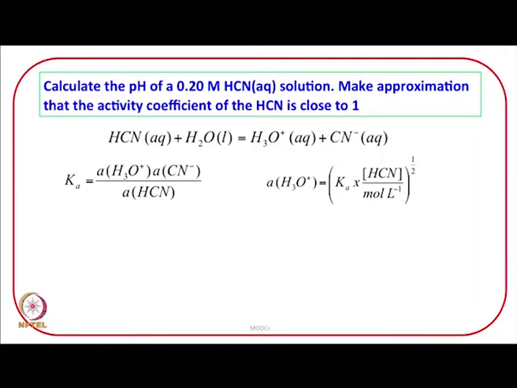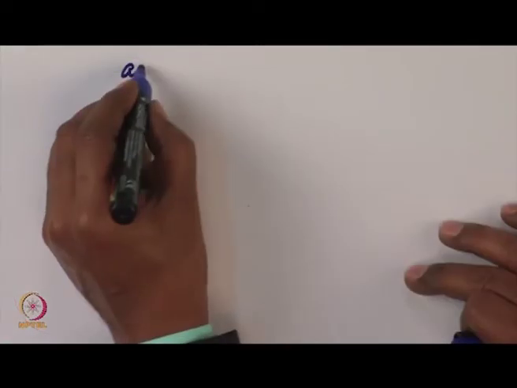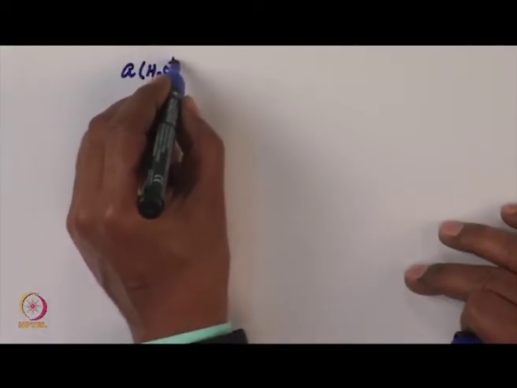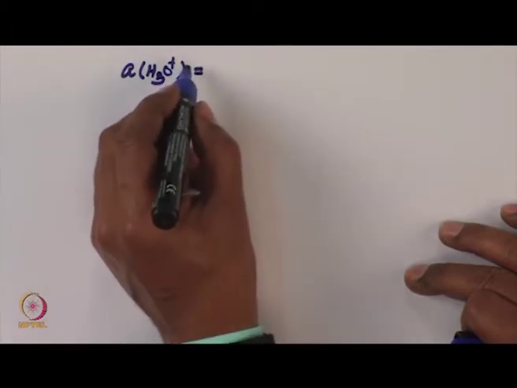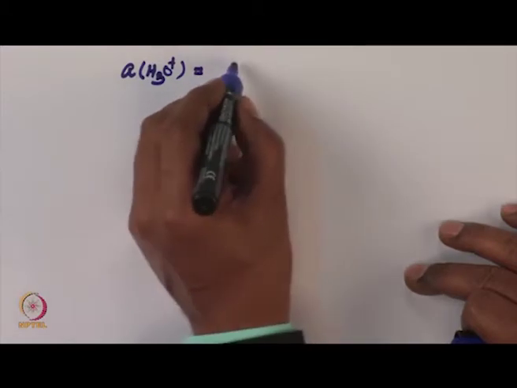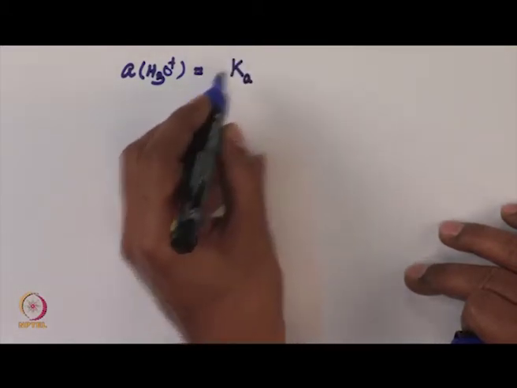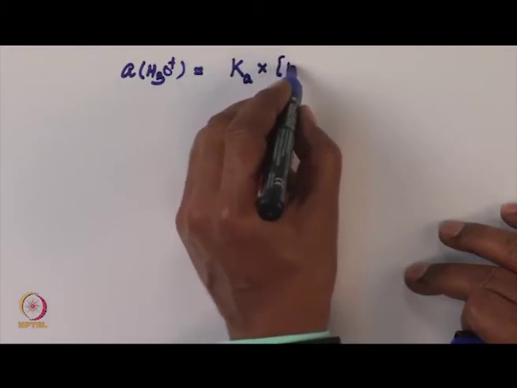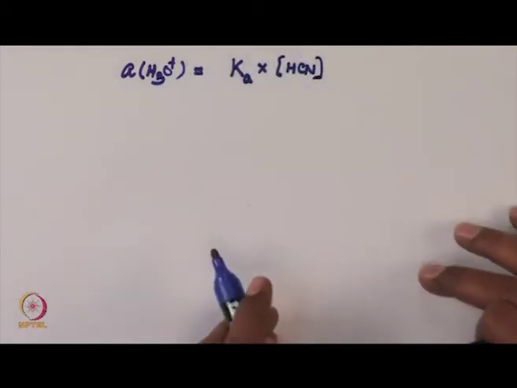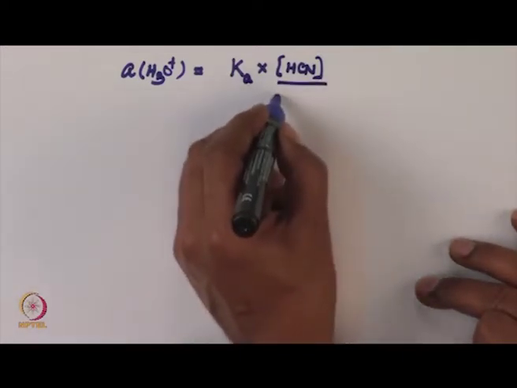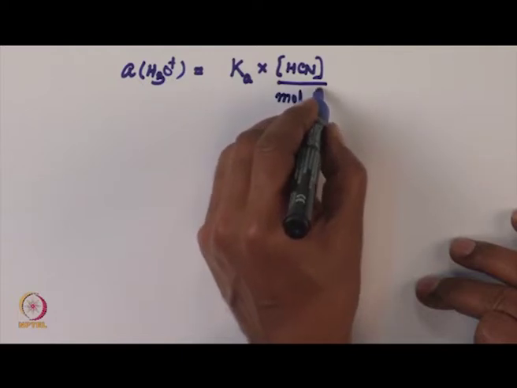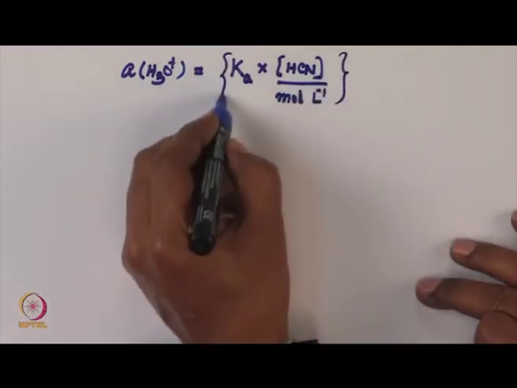We have derived this expression, and in order to make it dimensionless, I will put mole per liter, and this is 1/2.